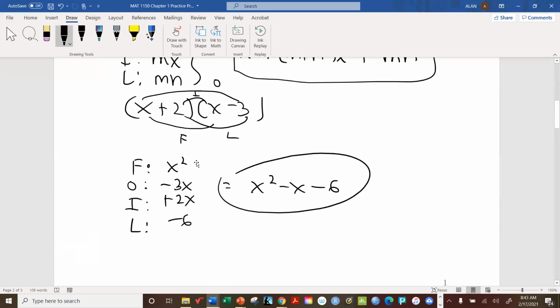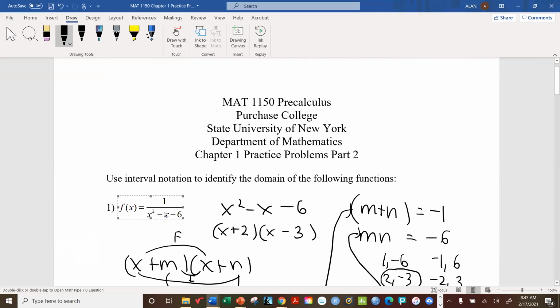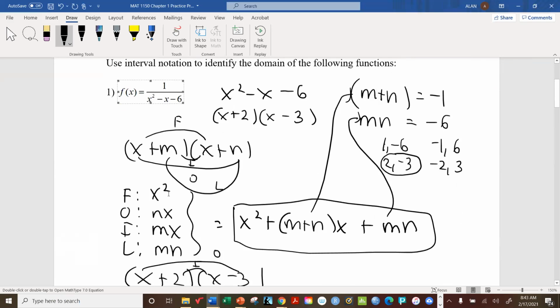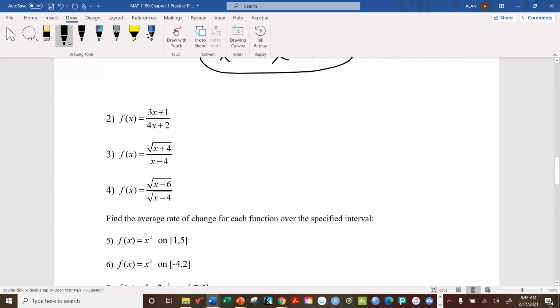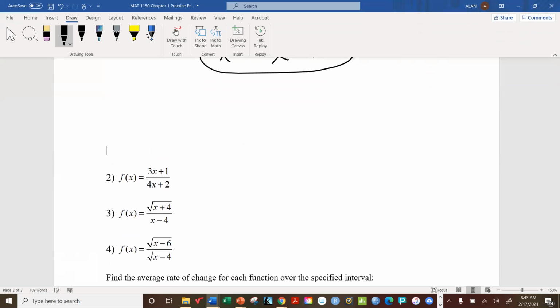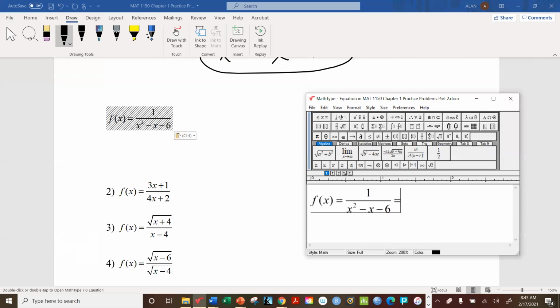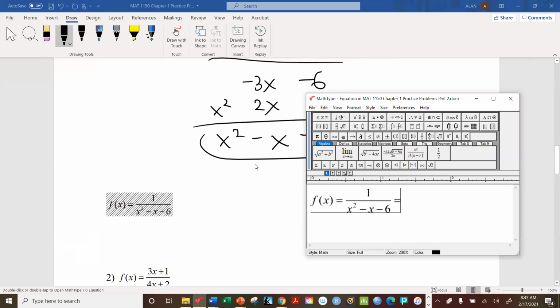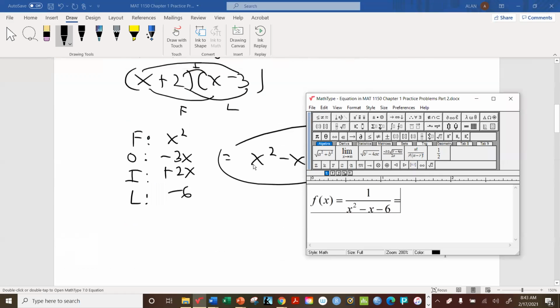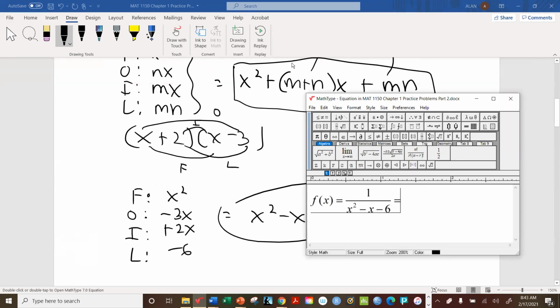But anyway, the purpose of all this was to say, look what happens here. I can rewrite this as equals, and then we take these two factors that we just created, x plus 2 and x minus 3.